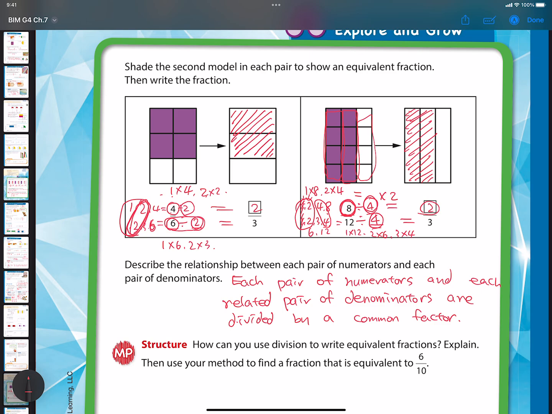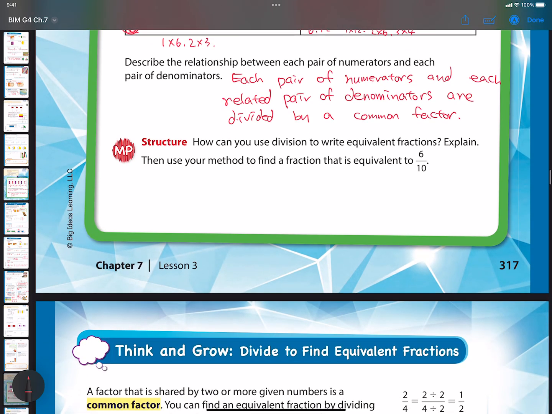So how can you use division to write equivalent fractions? Explain. When you divide the numerator and denominator by the same number, you are going to have an equivalent fraction. So let me write it down. Divide.